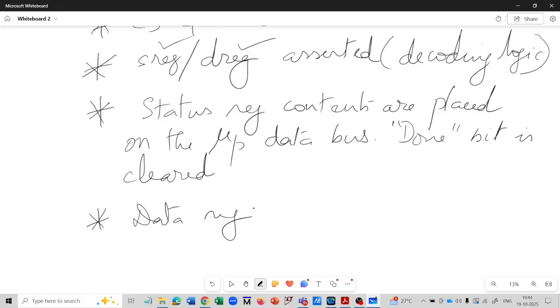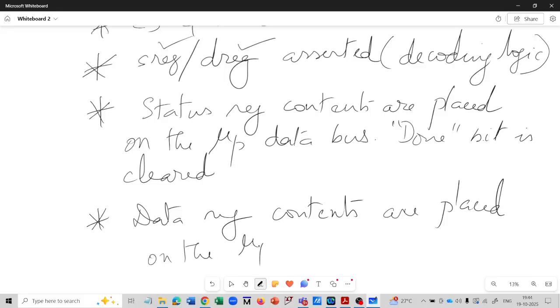Now, if the data register is selected, then the response is similar. The data register contents are placed on the processor data bus.